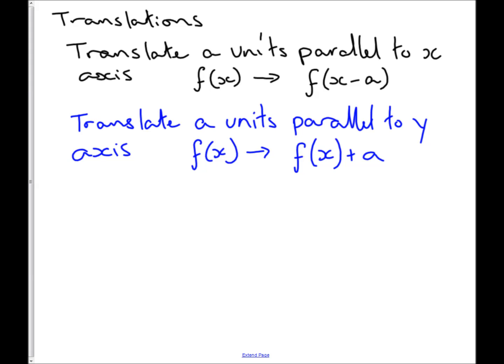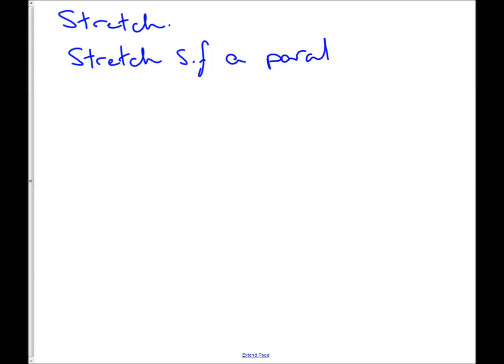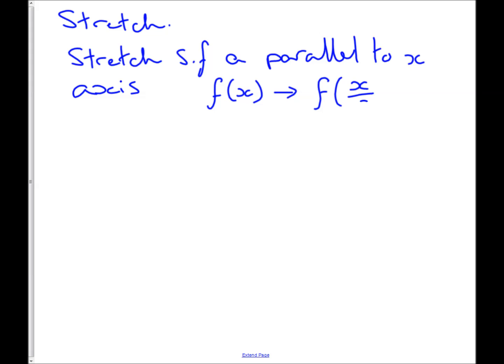That's moving my graph. The other transformations I can do are stretches, and to stretch by scale factor a, I'm abbreviating scale factor to SF, but in the exam you should write scale factor in full, parallel to the x-axis. So to do this, I take my original equation, my f of x, and rewrite it as f of x over a.